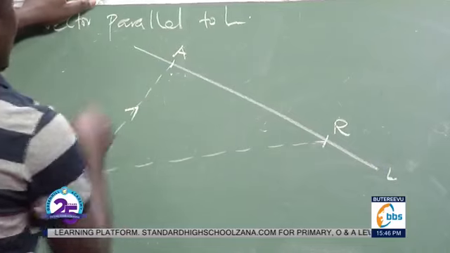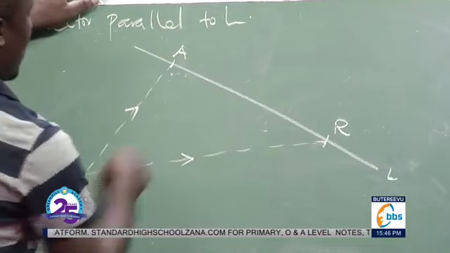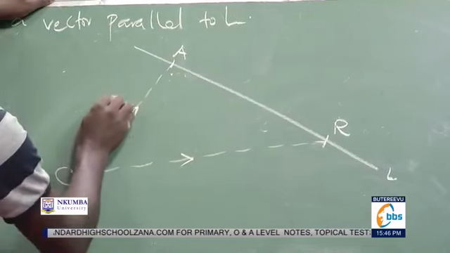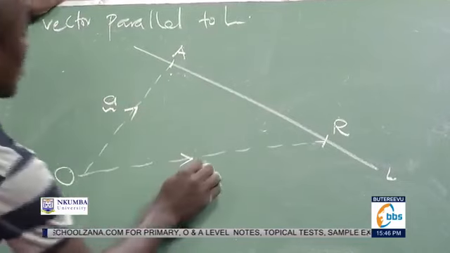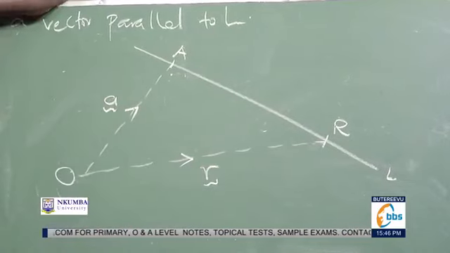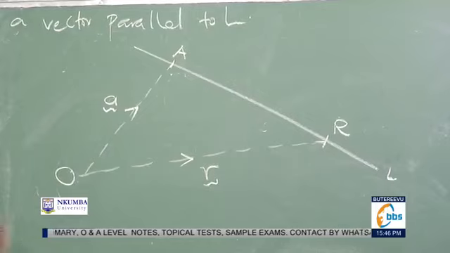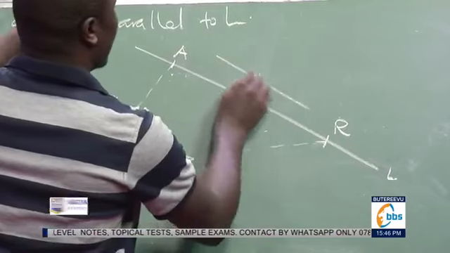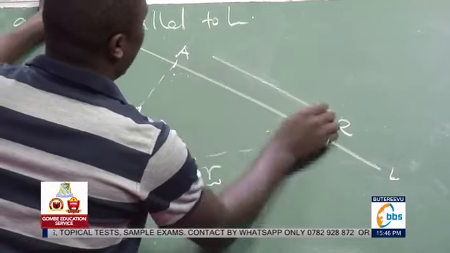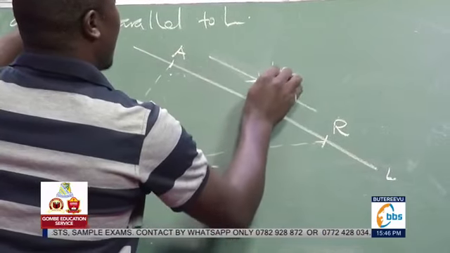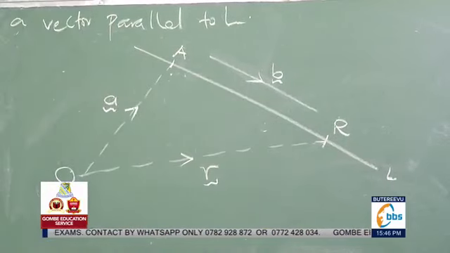So we have the vector OA and we have the vector OR. Let us use A to denote that vector, and let us use this to denote that vector. Then of course we also have our vector B, the vector parallel to the line. That is the vector B, something parallel to the line.